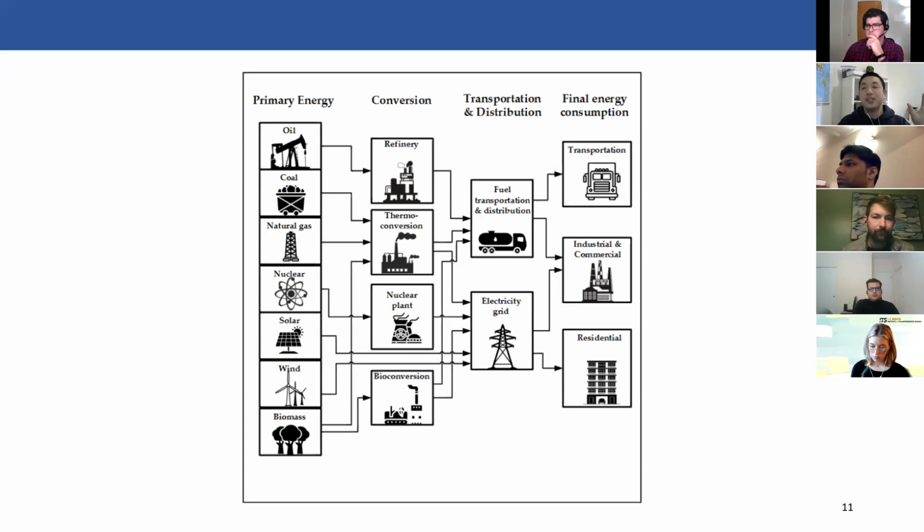Really, it's all about going from a primary energy source, which is all the fuel sources you see on the left, all the way to the final energy and consumption, which actually I'm not even going to call the final stage. Really, what we want is useful energy.